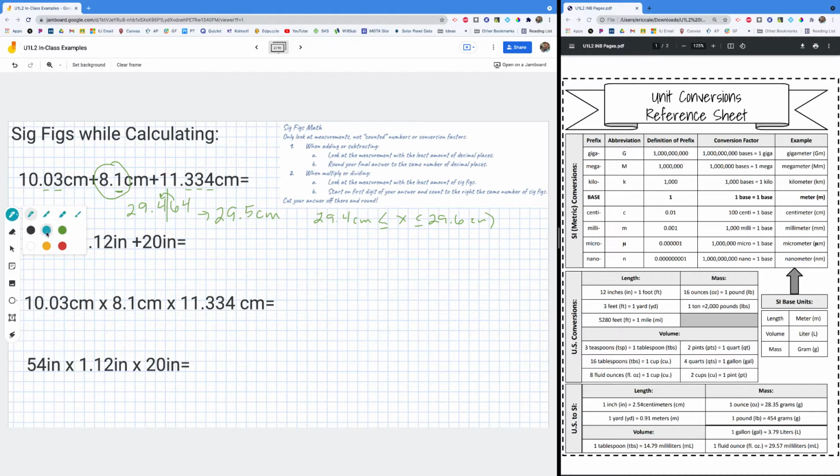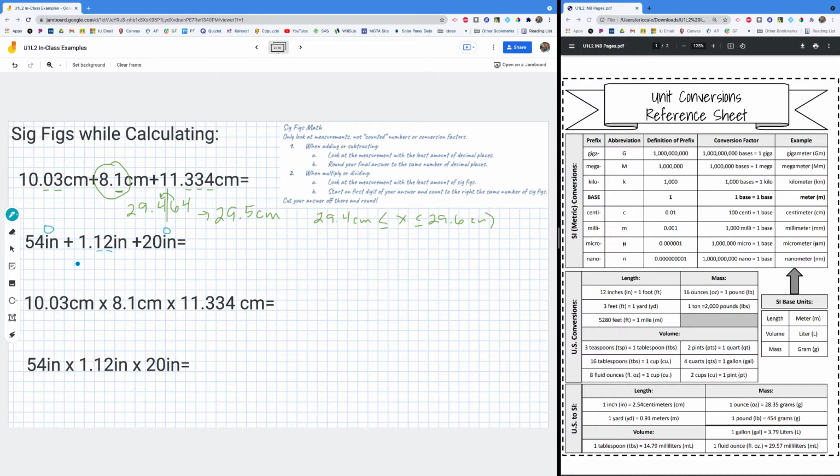Let's do another example with adding. This also works for subtracting. It's the same rule. I have 0 decimal places on this first one. I also have 0 here, and I've got 2 here. So I'm going to round to the nearest whole number. I don't want any decimals because I didn't have any decimals in any of these measurements here, or in these two anyway.